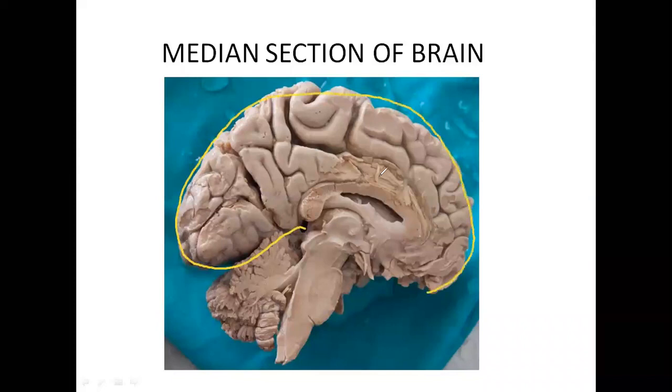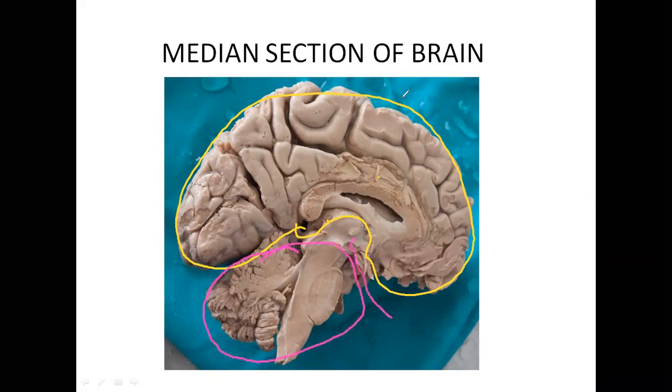All this part of the brain is the forebrain, and if I show you, this is the hindbrain, and only here we have the midbrain. So these are the three main parts of the brain. Now let us start discussing all these three types of brain one by one.